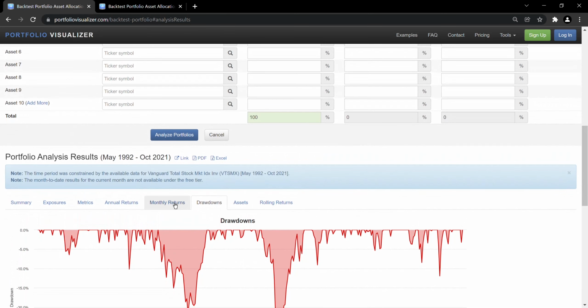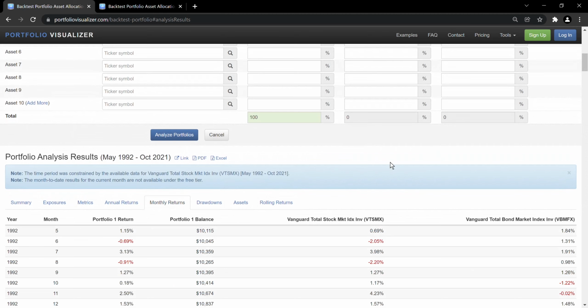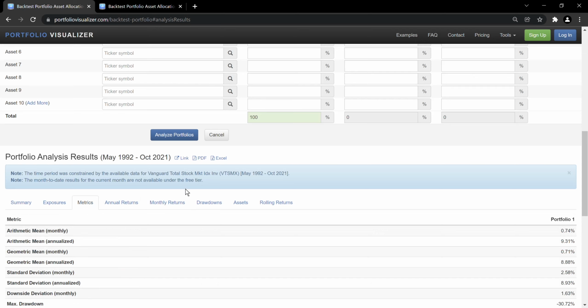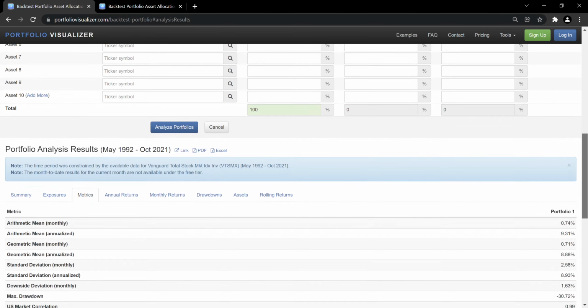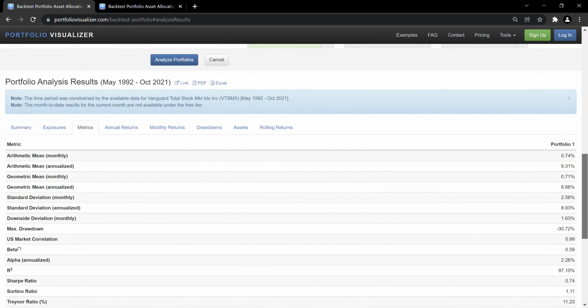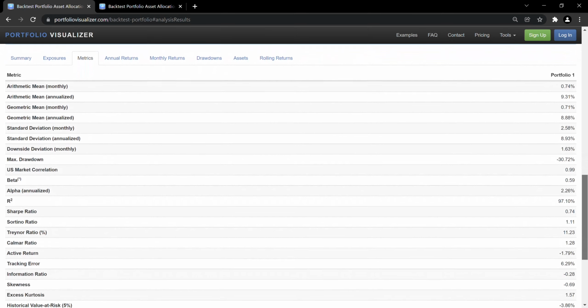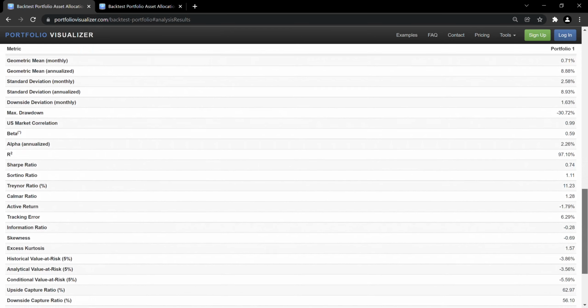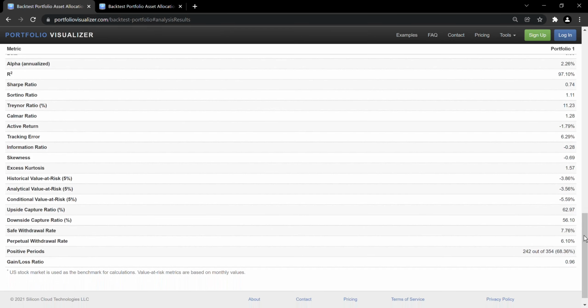All right, then you can look at things like monthly returns, go to annual returns, and then these metrics will give you a whole bunch of statistical analyses of your portfolio. So this portfolio, one of the more interesting ones besides the Sharpe and Sortino ratios, is it gives you safe withdrawal rates for this period.